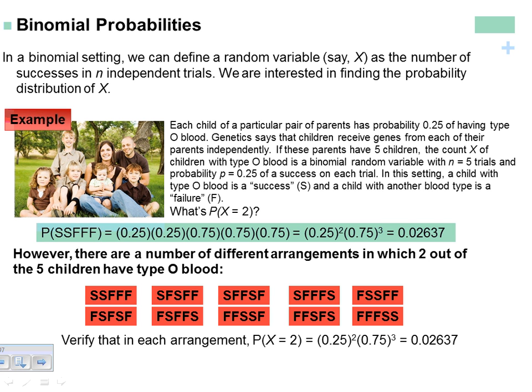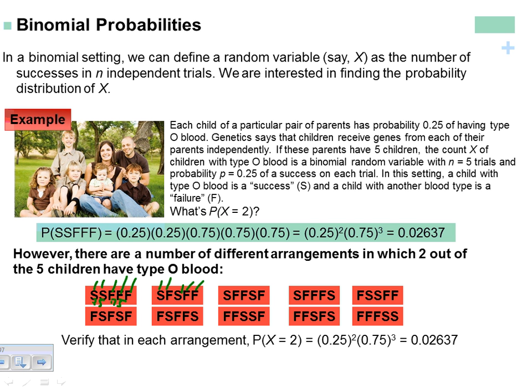Now it says verify that in each arrangement you get the same probability. So let's see. In each arrangement we'd have 0.25 for success times 0.75 for failures. So you'd have 0.25 times 0.25 times 0.75 times 0.75 times 0.75. In all of those, you're going to have 0.25 twice and 0.75 three times.